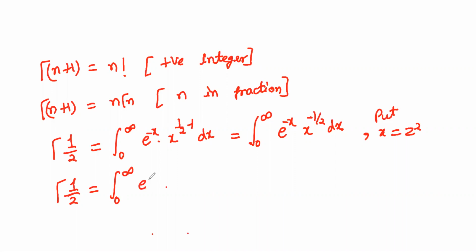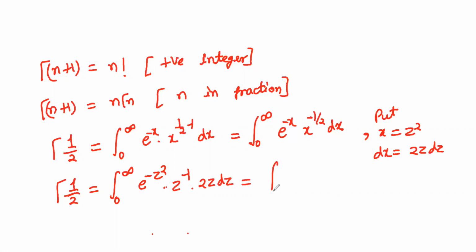E raised to minus z square will come, x will be z square so z raised to minus 1 will be there, and dx will be 2z dz.